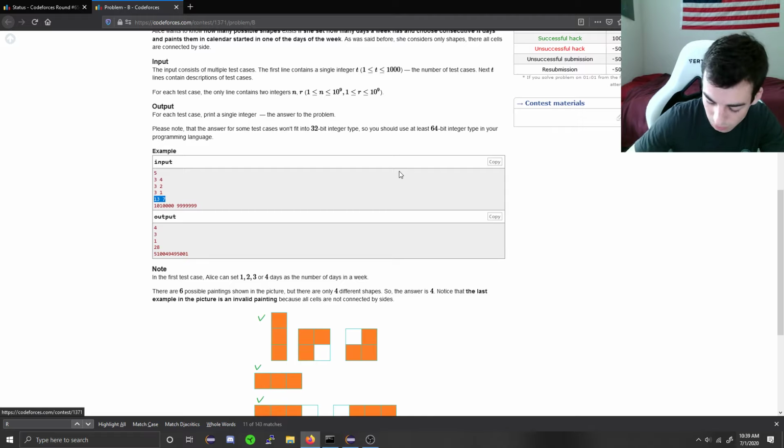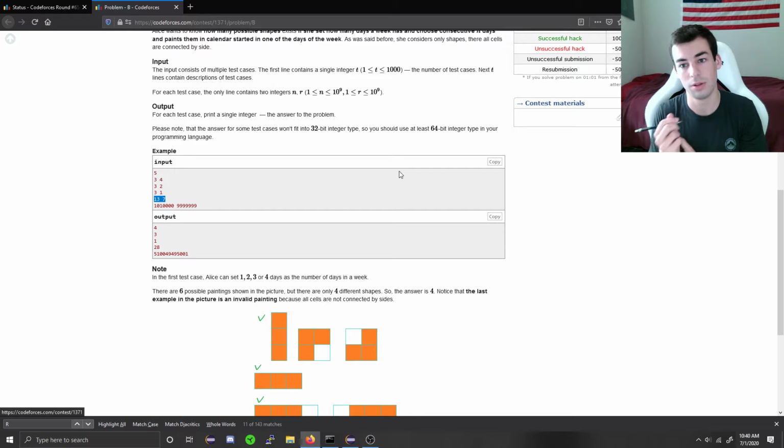So the two things that matter are your start modulo k. That matters. And then in addition to where you start, the width matters. And I think that's it, right?